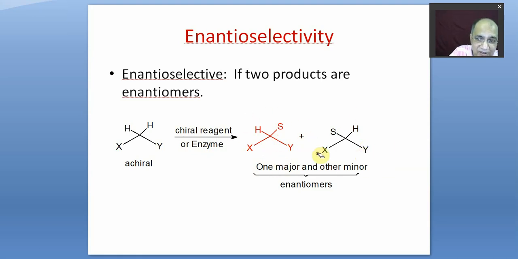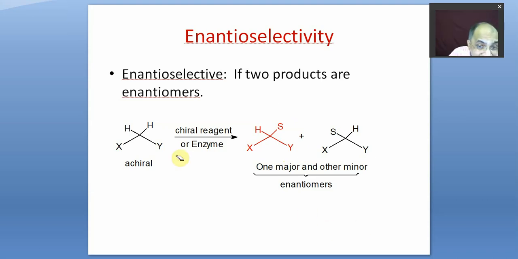Supposing this is R, this is S, then R is favored in this reaction, maybe 80-20 or 70-30. In that case, it is enantioselective. That stereoselectivity can be branded as enantioselectivity.